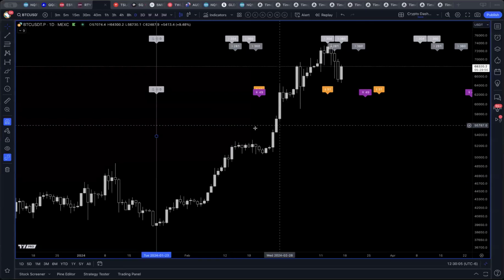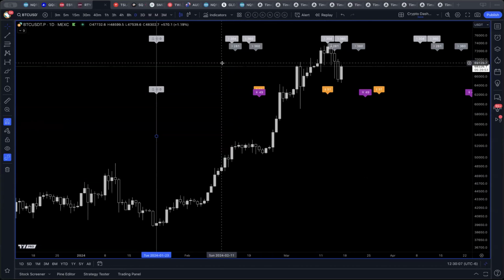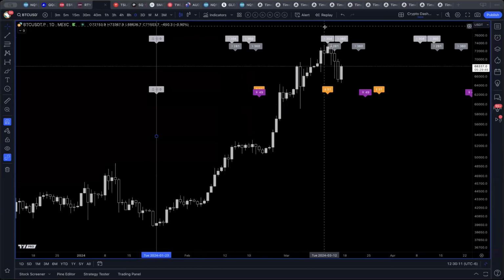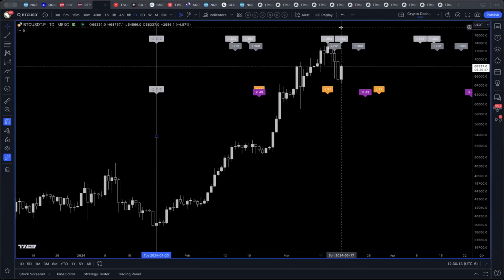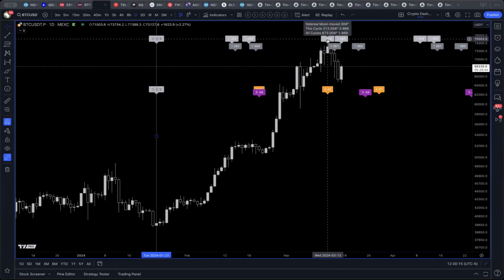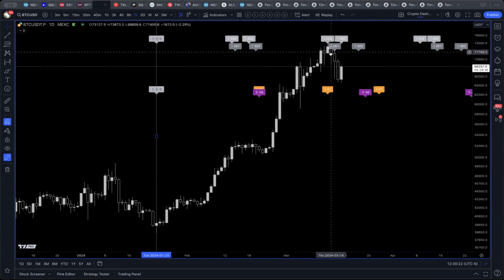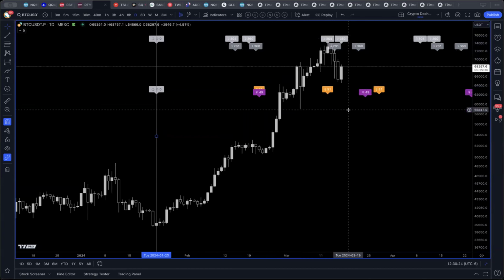But based on the cycles that we're seeing here displayed by the ruler, it looks like we have hit the extent of the cycle up over here with this peak on March 13th, up around the 73K range, and we're on the backside of that cycle now.